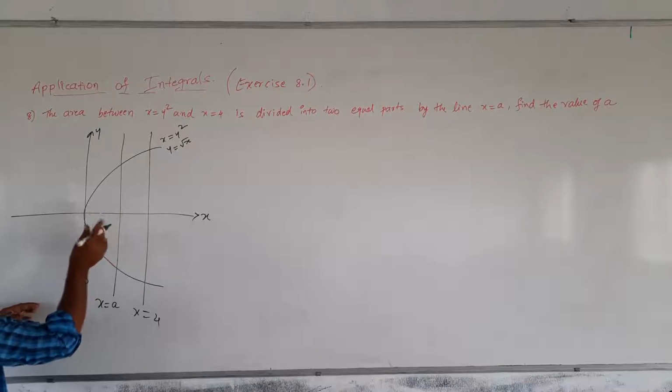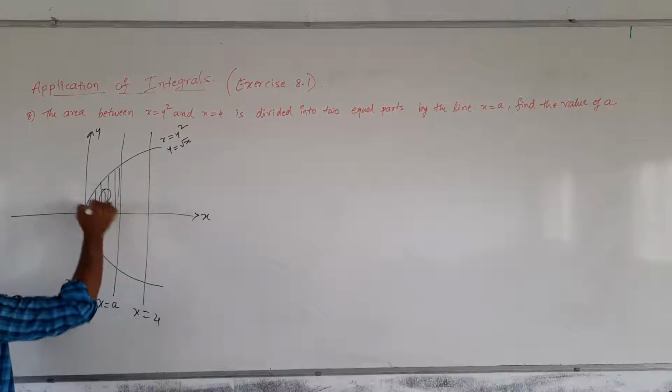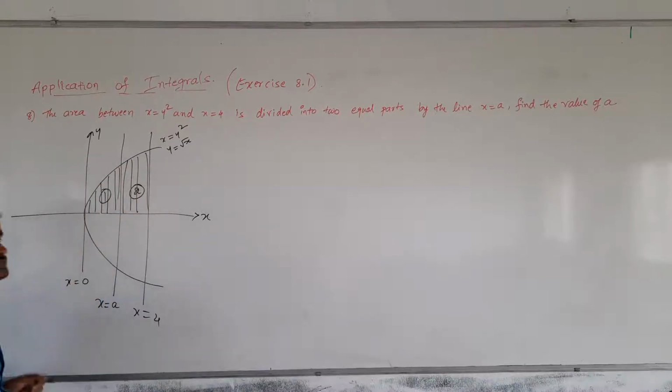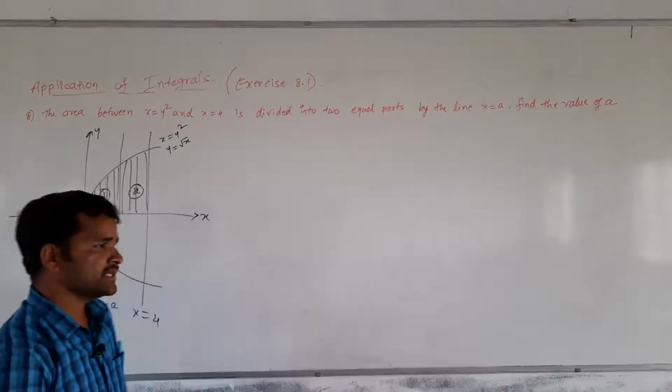What I take here: area in the first region is equal to area in the second region. Both equal, I will take. Then integrating that gives us the answer here.